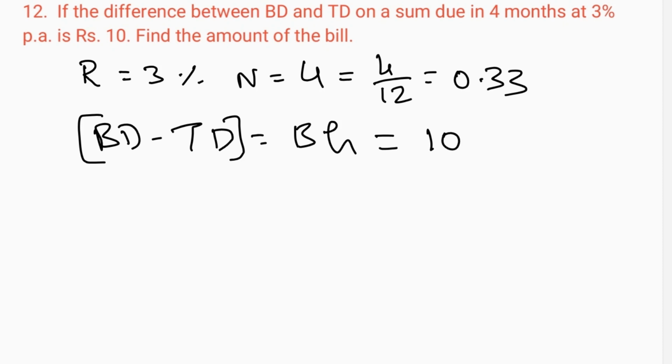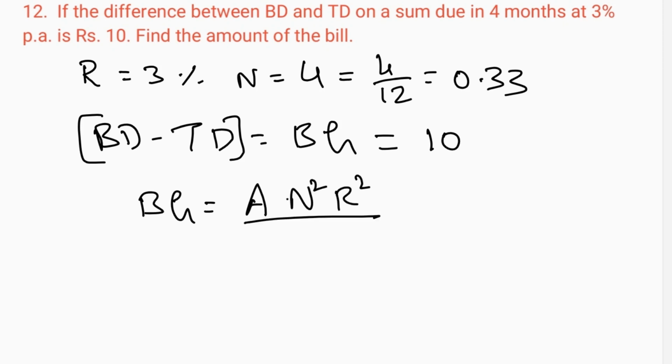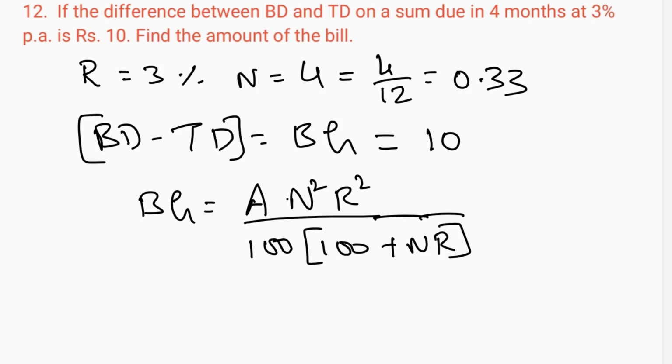So using that in the formula, banker gain equals A n square r square divided by 100 into 100 plus nr. I will not solve this one, you can directly solve this. All the values are here, exactly similar to the previous problem.